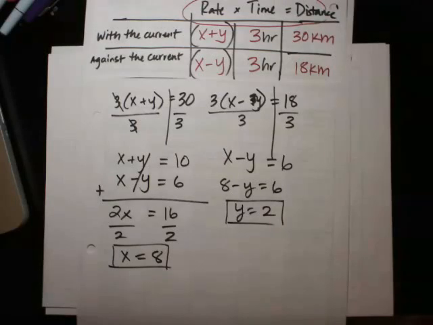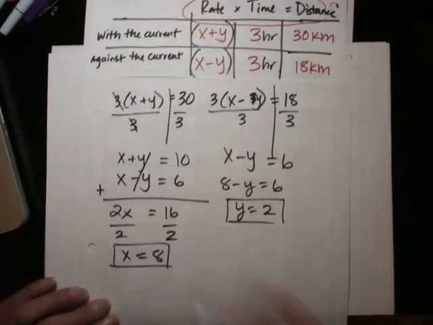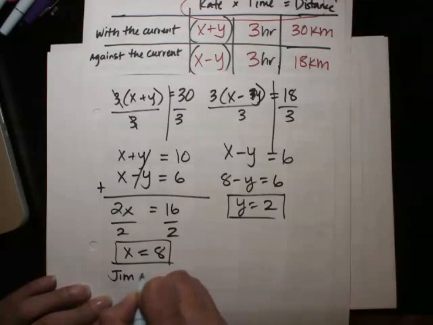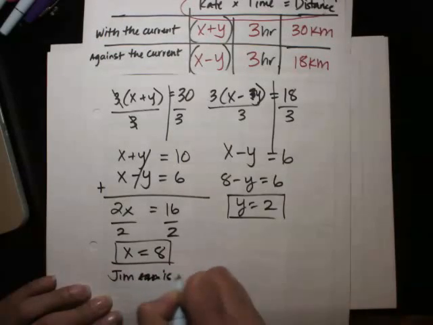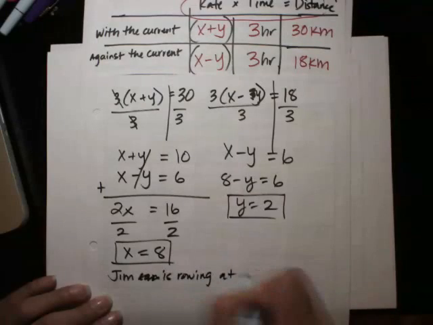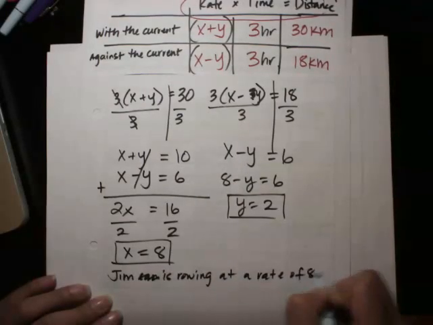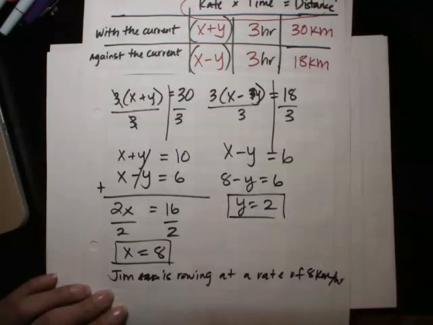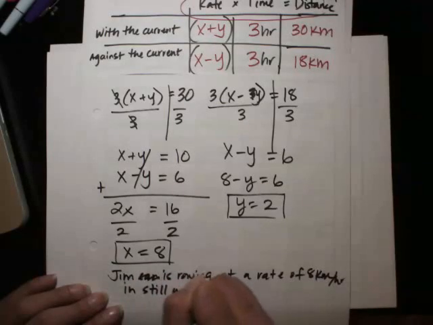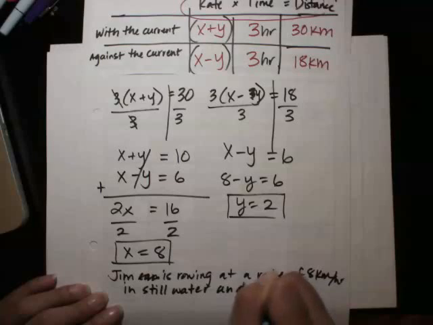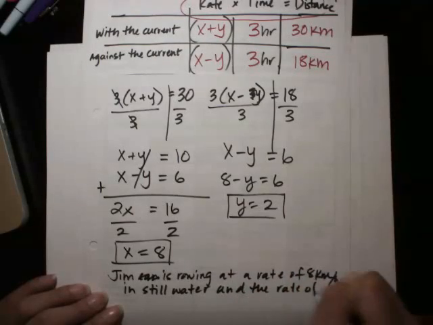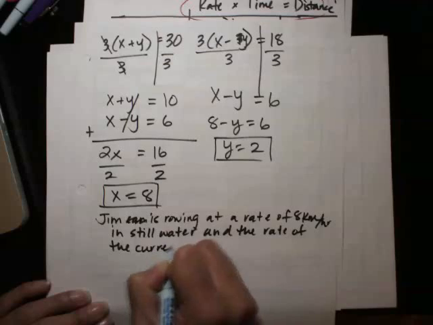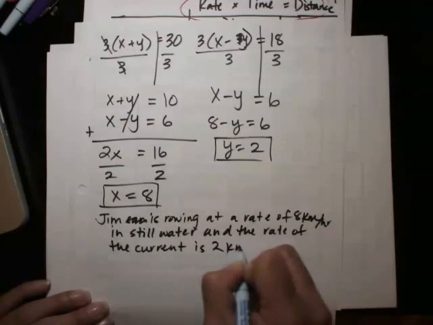In this case it is a boat that he's rowing, so we can say that Jim is rowing at a rate of 8 kilometers per hour in still water, and the rate of the current is 2 kilometers per hour.